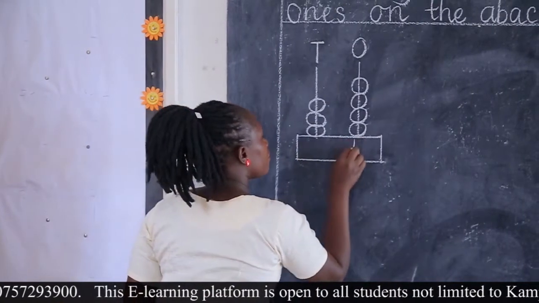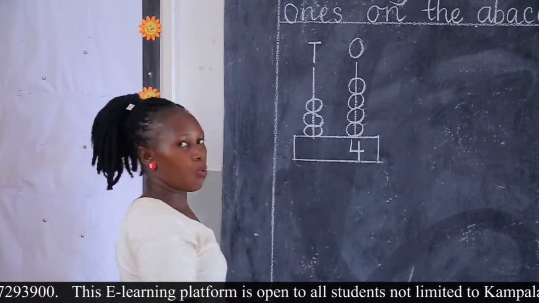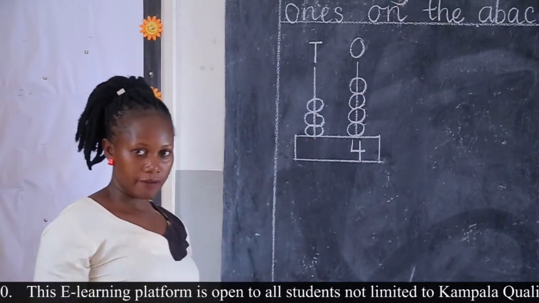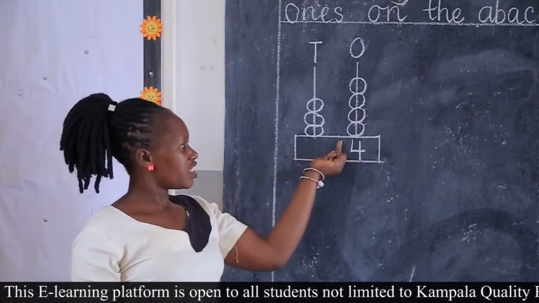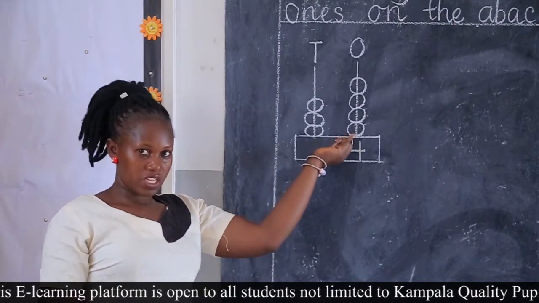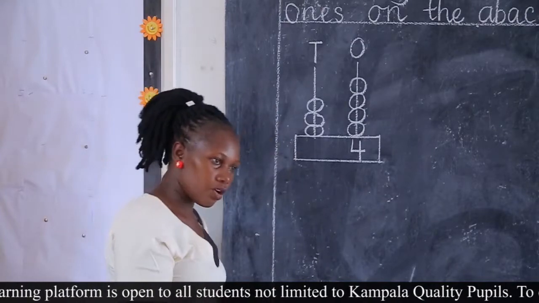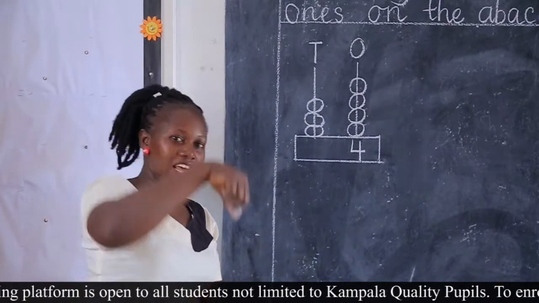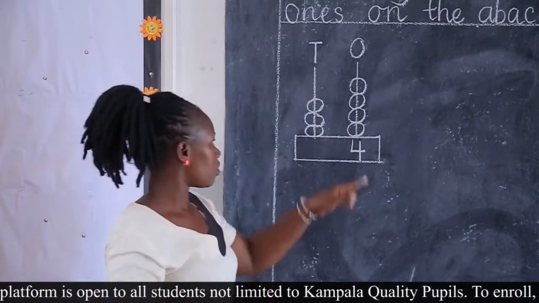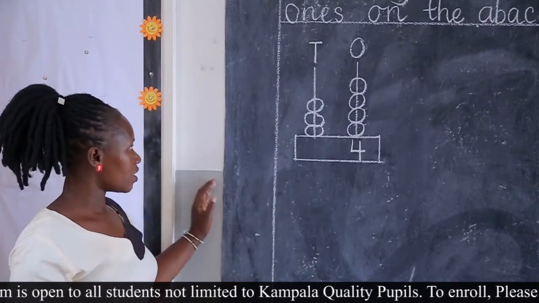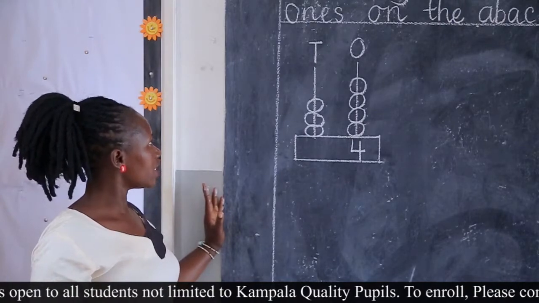That means we have 4 in the place of ones. But remember, they are in the same line with the number, okay? And when we are putting beads, our beads drop down. They don't drop in the middle. When you put it, it goes down. Then another one will sit on another one. There is no space. Let's go to the tens. How many do we have on the tens?